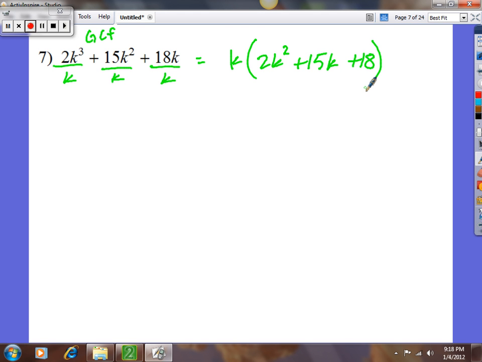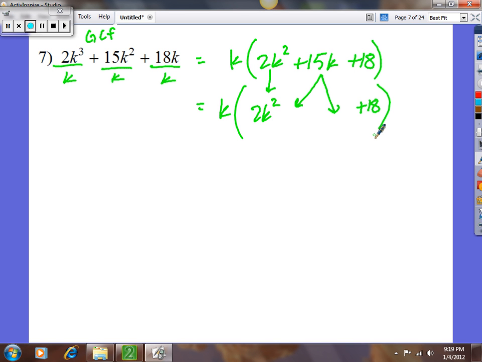Now, step number 2. I am going to take what's in the parentheses and see if I can factor this. So 2k squared plus 15k plus 18. I'm going to bring down this 2k squared, rewrite the 15k as 2 terms, and then bring down my 18.